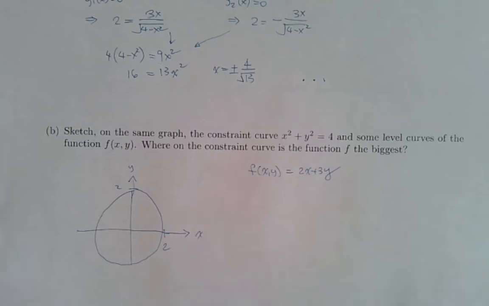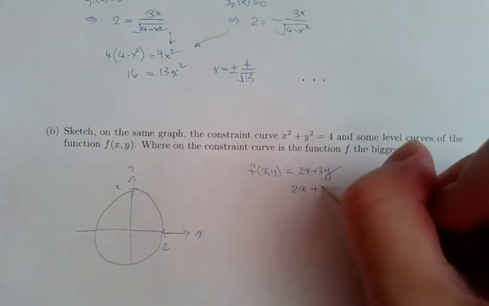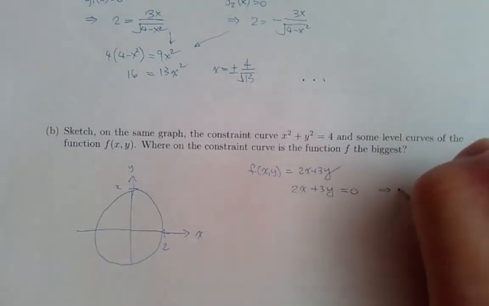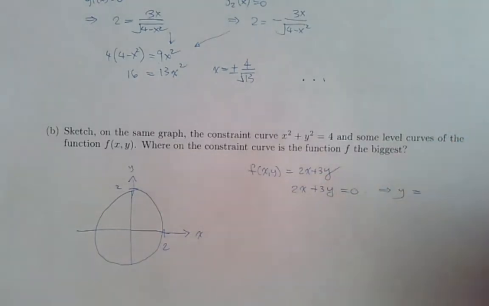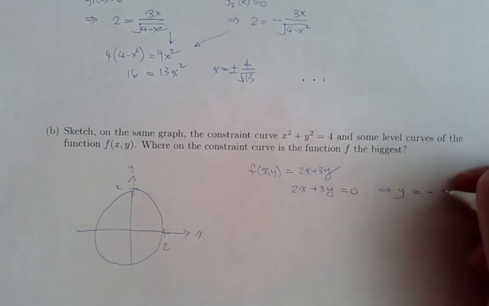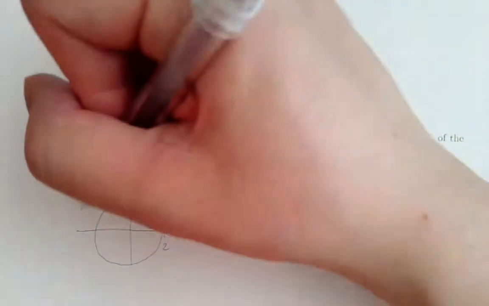Let's consider the level curve 2x plus 3y equal to 0. That means y is equal to negative 2 over 3 x. Yeah, so it's something like this.